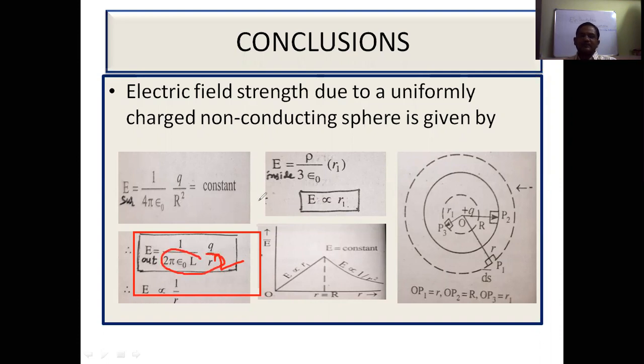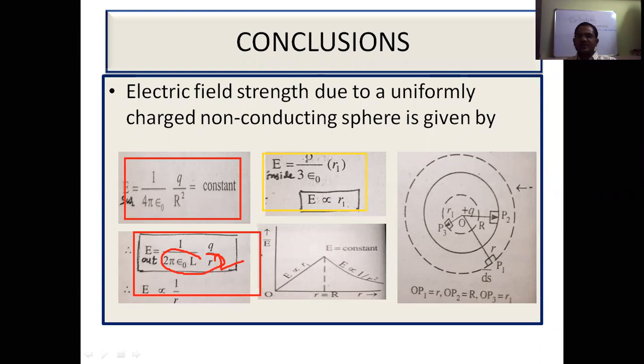On the surface, the formula we got is 1 by 4 pi epsilon naught Q by capital R square. Simply we substituted small r equal to capital R. For a point inside the non-conducting sphere, the expression we got is E inside equal to rho r1 by 3 epsilon naught.